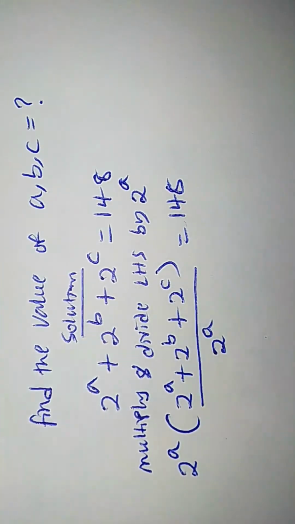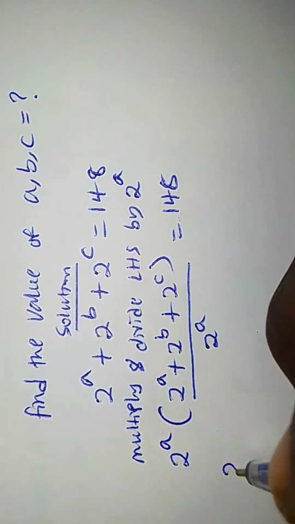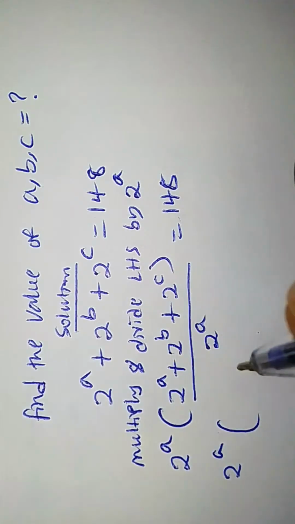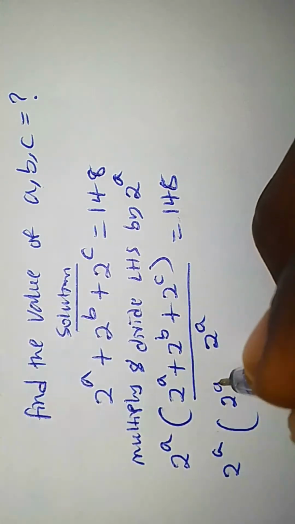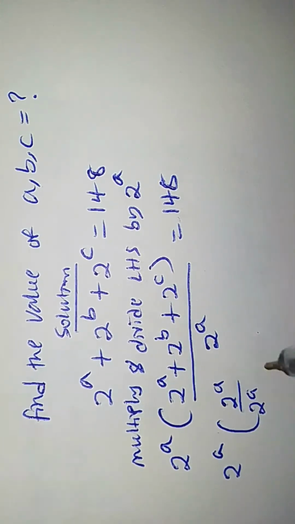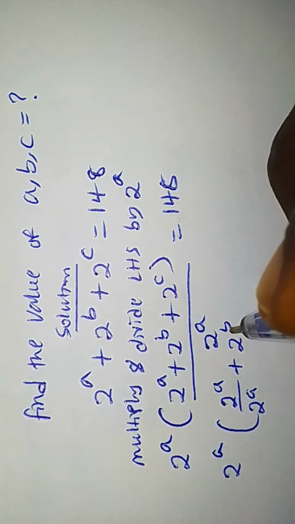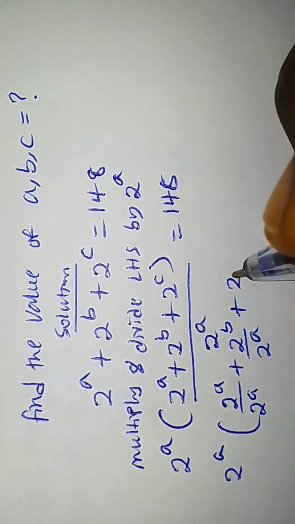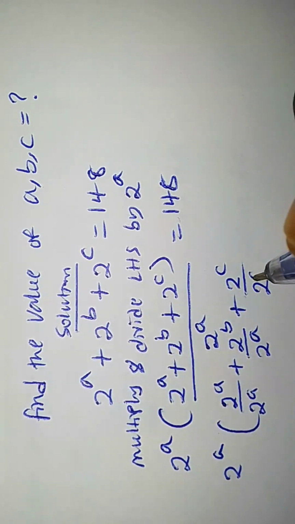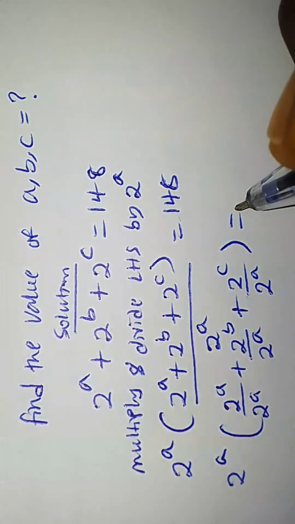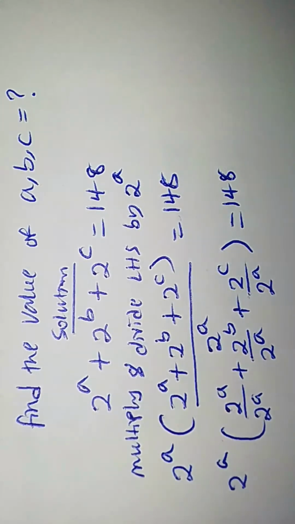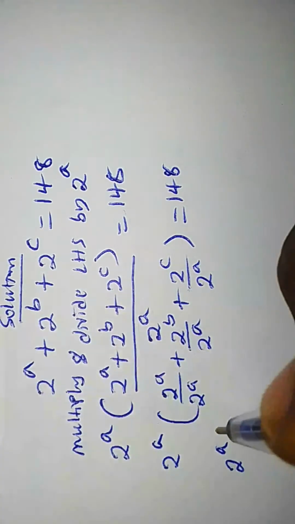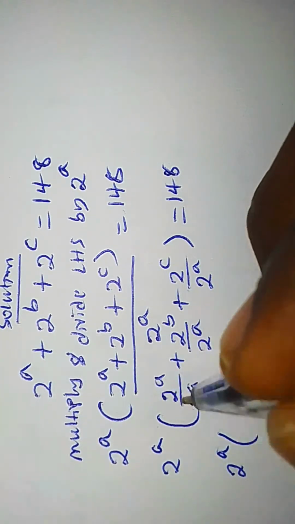Let's continue. So we have 2 raised to a into this whole guy could be written as 2 raised to a divided by 2 raised to a plus 2 raised to b divided by 2 raised to a plus 2 raised to c divided by 2 raised to a equal to 148. So we have 2 raised to a into 2 raised to a cancel 2 raised to a.